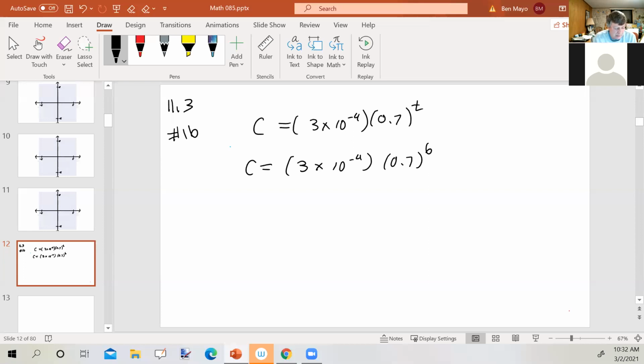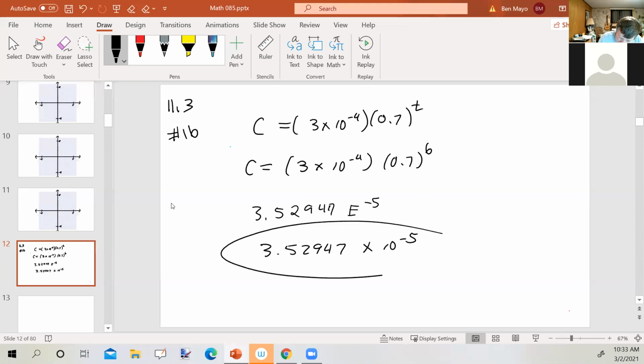And I get 3.52947, and then it says E negative 5. What that E is basically saying is it's in scientific notation. So that would be 3.52947 times 10 to the negative 5 power.